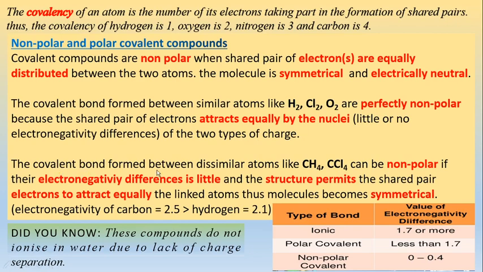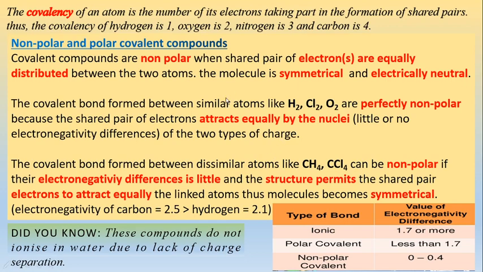The covalent bond can also be formed between dissimilar atoms like CH4. Here carbon and hydrogen are not the same. Carbon is different, hydrogen is different. Carbon is different, chlorine is different. Carbon tetrachloride, CCl4, can be non-polar if the electronegativity difference is little and the structure permits the shared pair of electrons to be attracted equally.